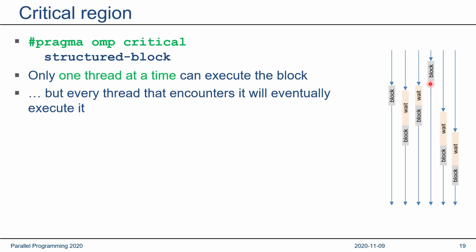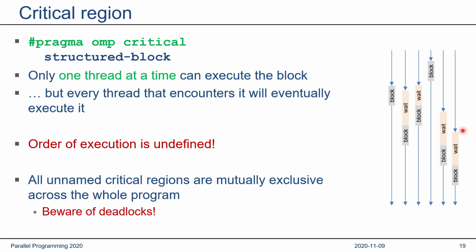And of course, since nobody else has occupied the block yet, it can execute it right away without any disturbance. Whenever a thread is executing the block and another thread wants to execute it also, it has to wait. And depending on the exact chain of events, different threads may have to wait for a different amount of time. So the overarching pattern here is that the block will never be executed concurrently by more than one thread.